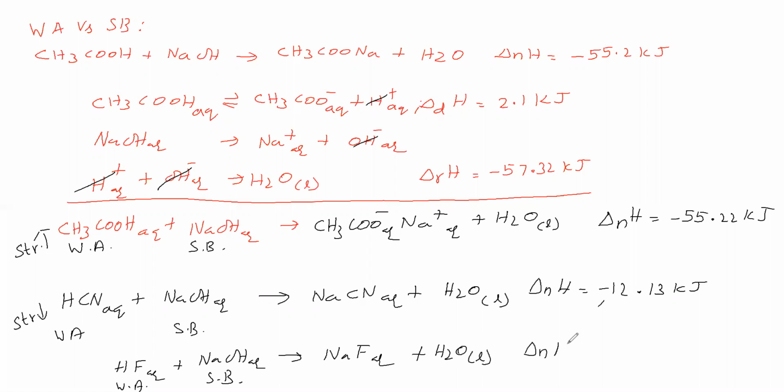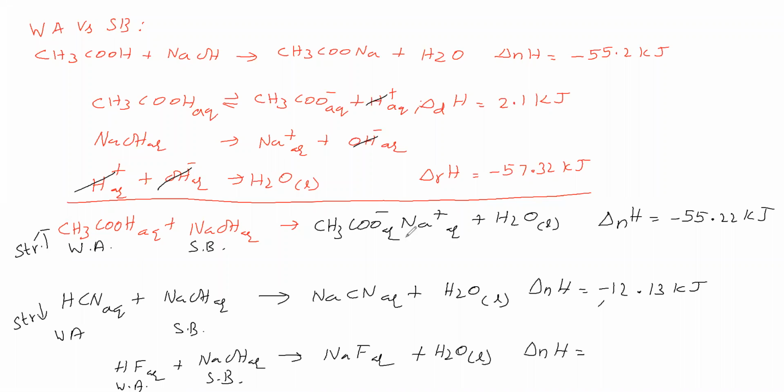Enthalpy of neutralization, how much will we see? Here a weak acid is reacting with a strong base. A weak acid means the enthalpy of neutralization is less than 57.32. The highest enthalpy of neutralization is for strong acid versus strong base, which is minus 57.32 kilojoule.